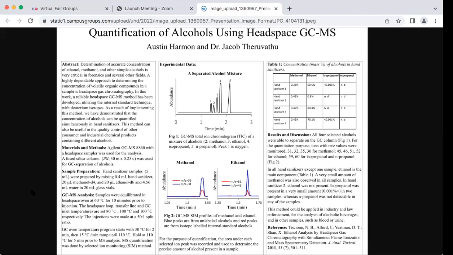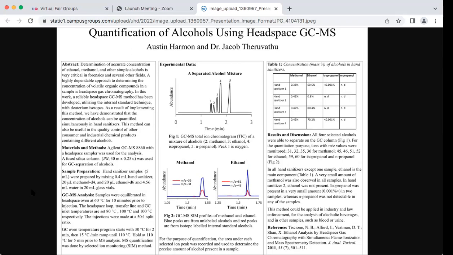This project is all about gas chromatography, and we use gas chromatography to figure out how much alcohol is in different hand sanitizer samples. In this study, we used Headspace gas chromatography to figure out the percent ethanol, and we wanted to figure out if the percent ethanol stated on the label was accurate.